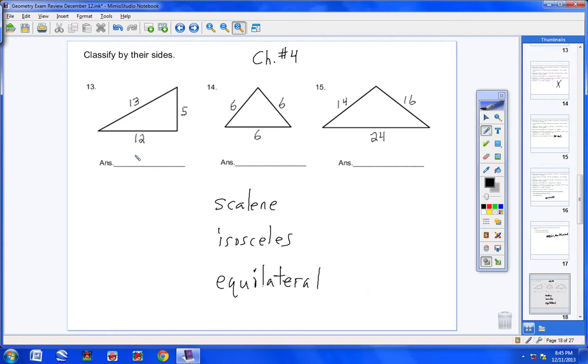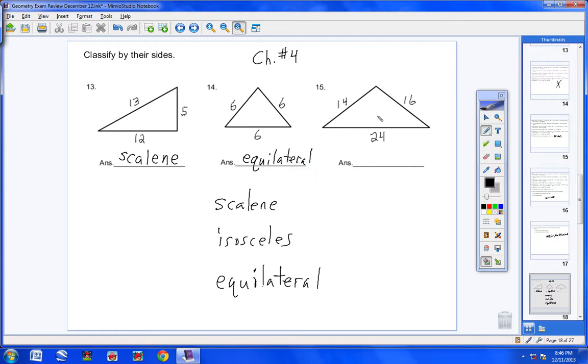So when I look at number 13, I can see right away that none of the sides are congruent. So based on the sides, I would classify this triangle as scalene. When I get to number 14, I notice that all three sides are congruent, so I would classify this triangle based on its sides by calling it an equilateral triangle.